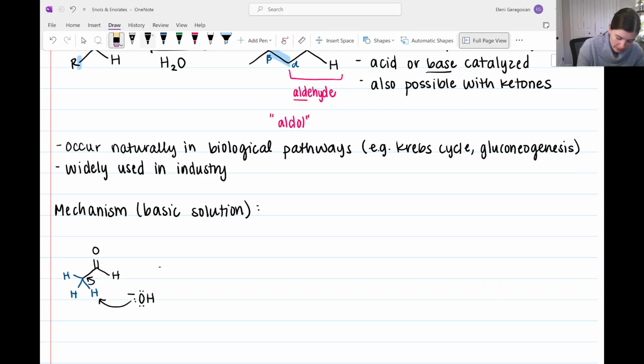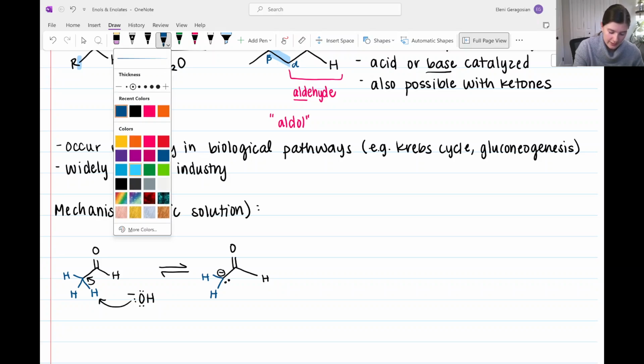This happens in equilibrium. And again, we can show the enolate ion with a negative charge on the carbon. We removed one of those hydrogens, that becomes a lone pair, and we have a negative charge on this carbon.